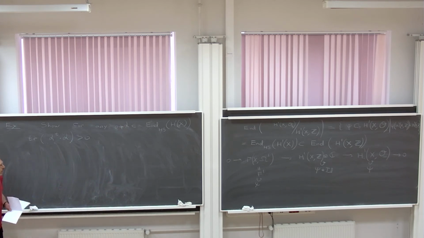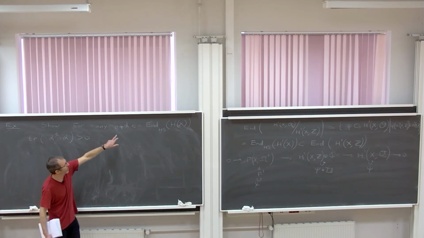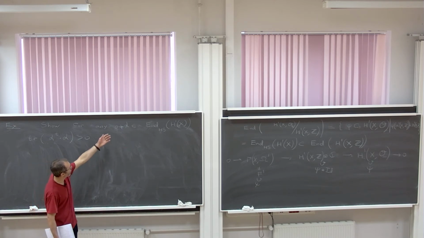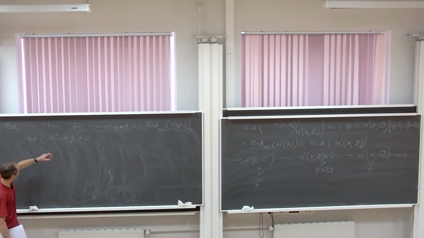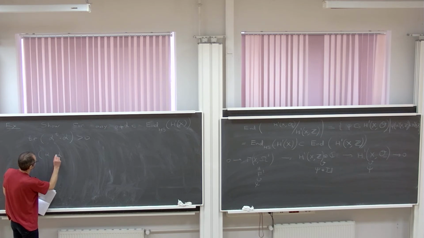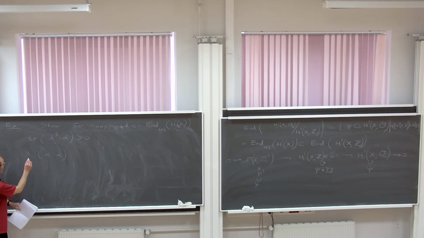So I stated this, well, remember that this trace is the same. If you think of this endomorphism as an element of the Néron-Severi group, then this trace is the same as the self-intersection of alpha, up to negative sign.